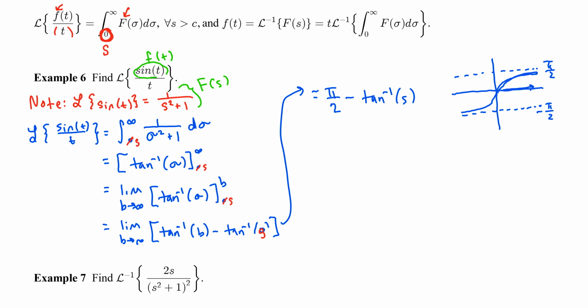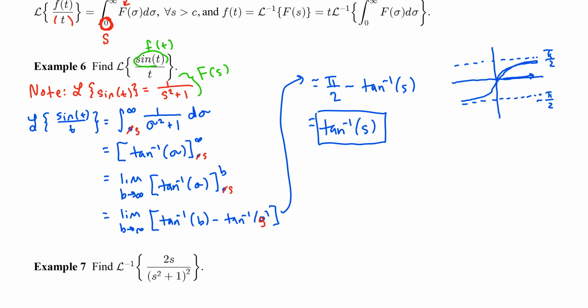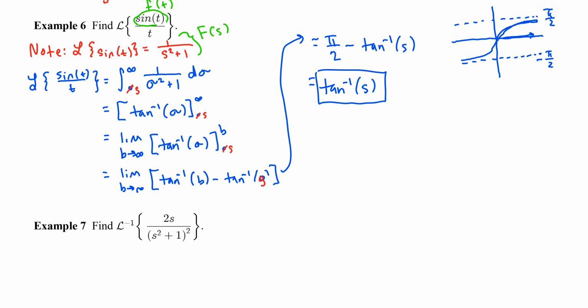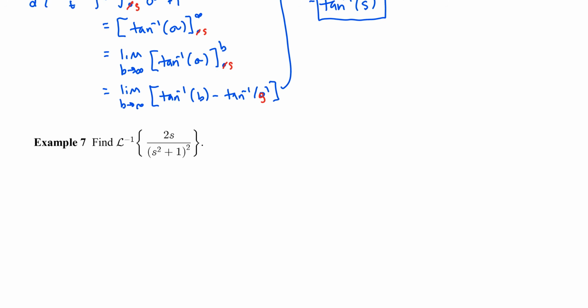Okay? And pi over 2 minus inverse tangent of s is perfectly acceptable, or you can apply a trig identity and call that inverse tangent of 1 over s. So that's pretty exciting. You found the Laplace transform of sine of t over t, and you ended up with an inverse trig function.